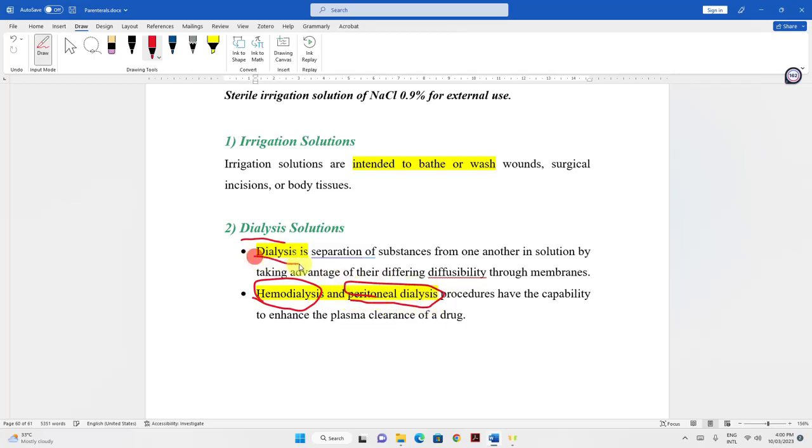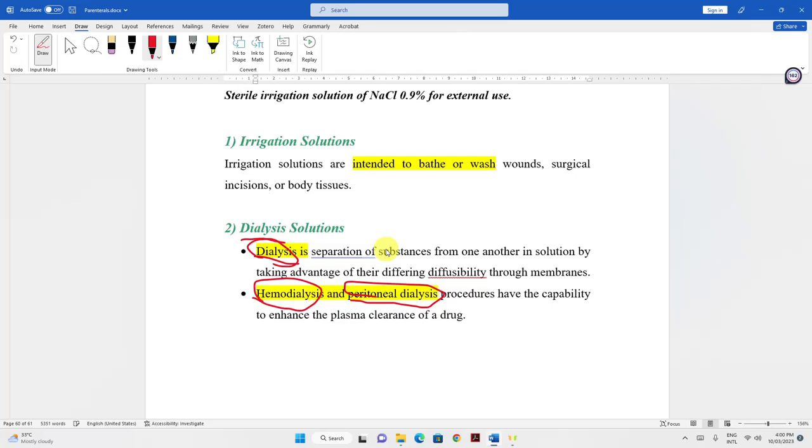So what is dialysis exactly? We are utilizing a membrane separating the dialysis fluid from the blood. We are utilizing this membrane to allow toxic material to come from the blood into the dialysis fluid.